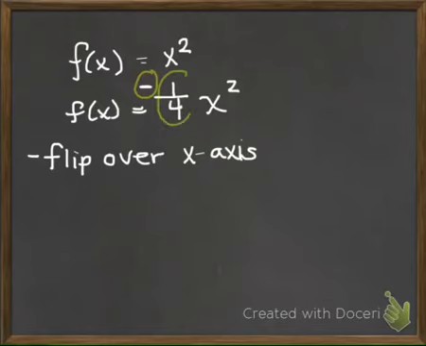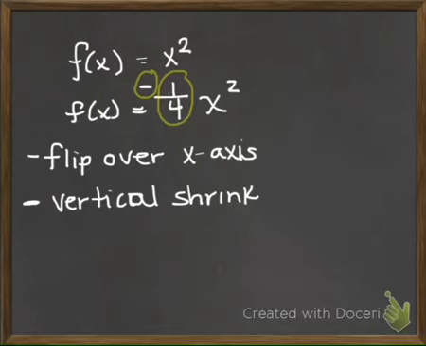For this 1/4, because we're multiplying it times the whole function, that means that we are going to have a change in shape of it. So that would be a vertical shrink by a factor of 1/4.